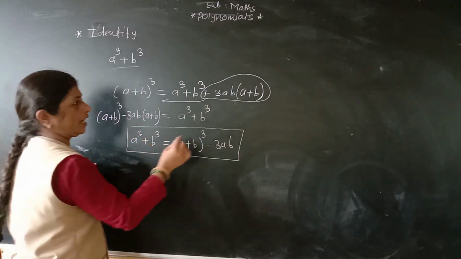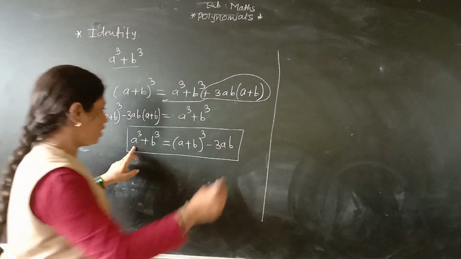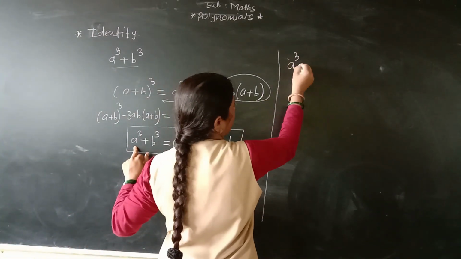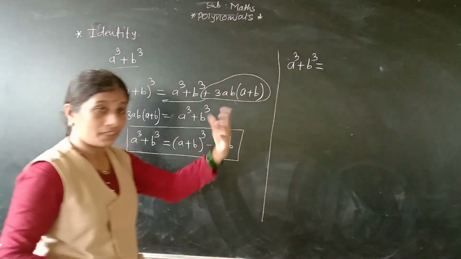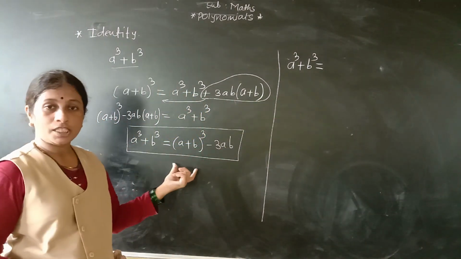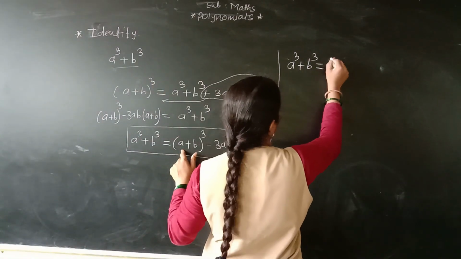Also, we can make it into a different form. Here, for a cube plus b cube, we will find another expansion. From this only we will simplify.